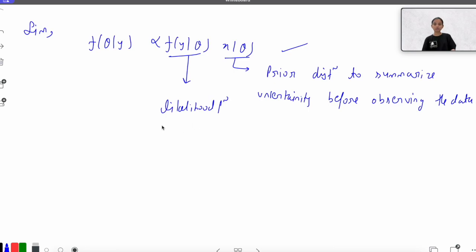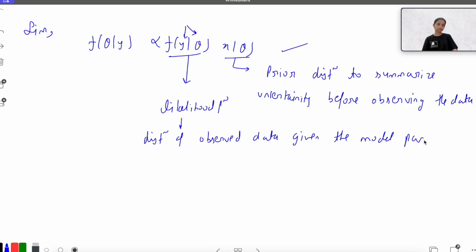function, which is actually the distribution of observed data given the model parameters. To avoid getting confused in the definition: if I write this as the likelihood function, we will be writing L of theta given y, but when I am writing it as a probability density function, we will be writing it like this.